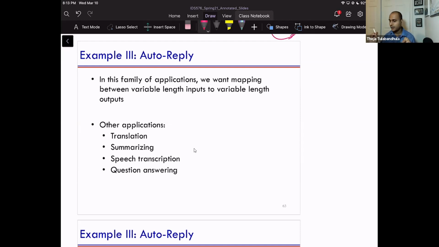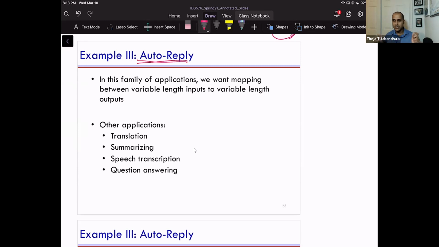Right? So that means you have a variable length input, which has sequential information, and a variable length output, which also has sequential information. I want to create a model which, given a variable length input, in this case an arbitrary sentence, can translate it. That's what we want to do in question 2. Here in auto reply, it's the same idea, right?